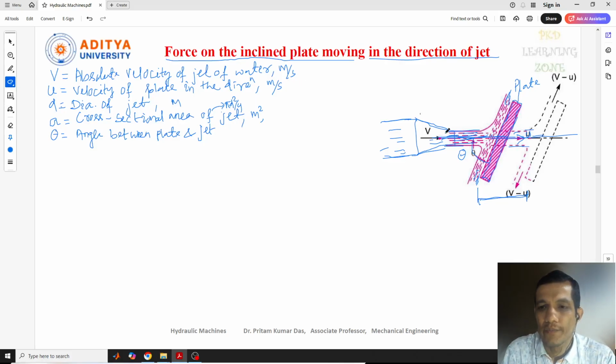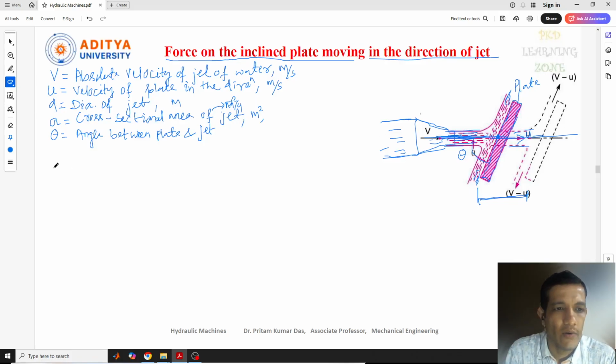Now, as I told you, we need to consider the relative velocity of the jet of water, because initially when the plate was fixed we used to consider the velocity of jet of water, and after striking we used to get a velocity of 0 at this point. Here the plate started moving, that means the jet of fluid is moving and the plate is also moving. That's why this v we have considered as the absolute velocity, and the velocity of this plate is taken as u.